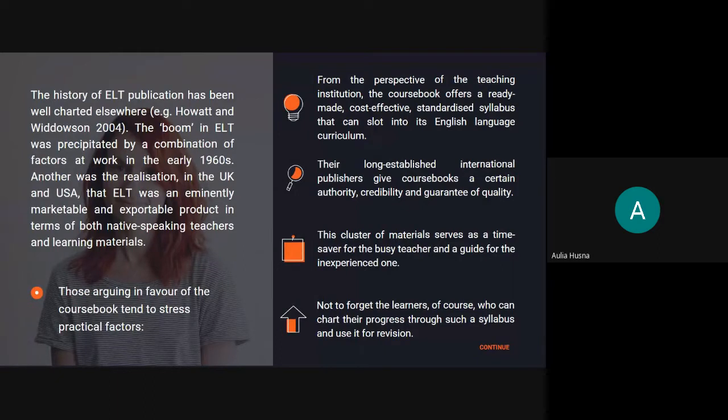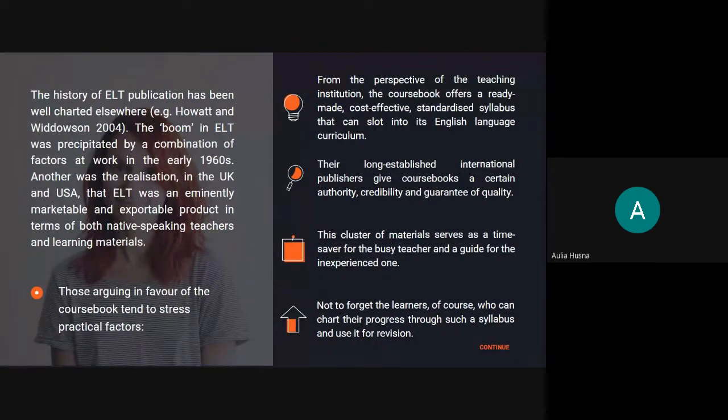Another was the realization in the UK and USA that ELT was an eminently marketable and improvable product in terms of both native speaking teachers and learning materials.